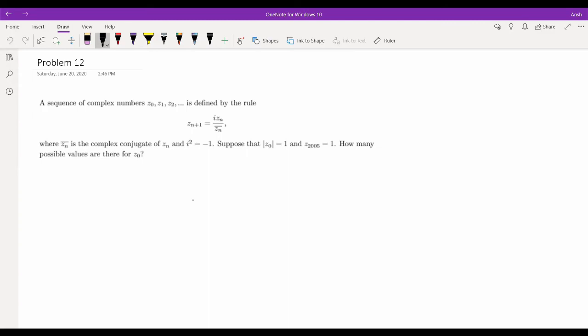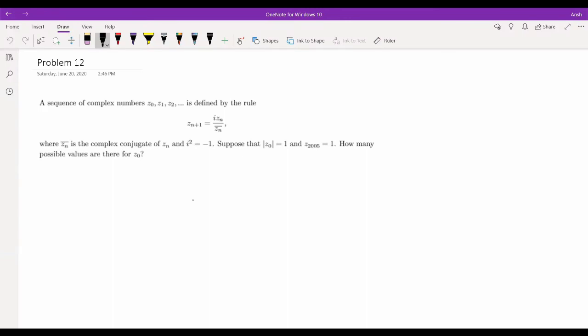Suppose that the magnitude of z of 0 equals 1. How many possible values are there for z of 0 if z of 2005 is equal to 1? Not its magnitude, just its value.